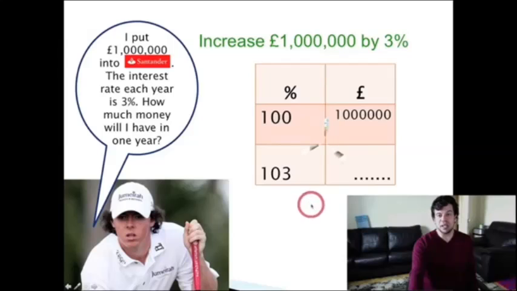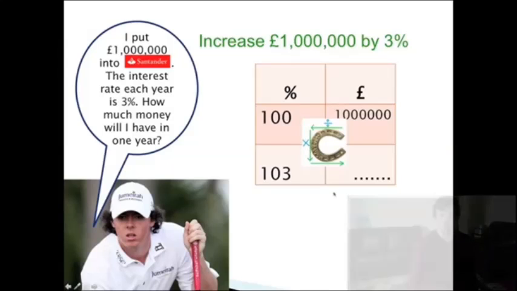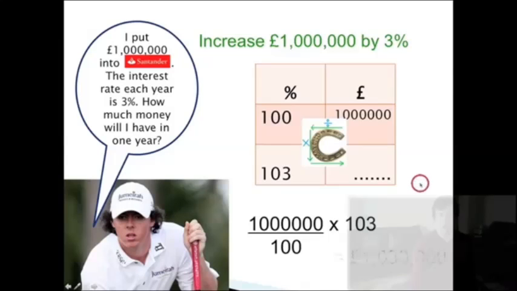So now we use our DM horseshoe, and the calculation you'll type into your calculators will be 1 million divided by 100 times 103. And that gives us £1,030,000. So Rory McGrath has put £1 million in the bank, but in a year's time it's increased by £30,000.